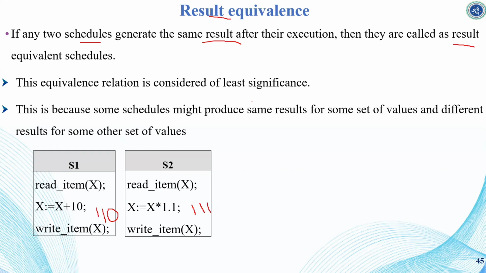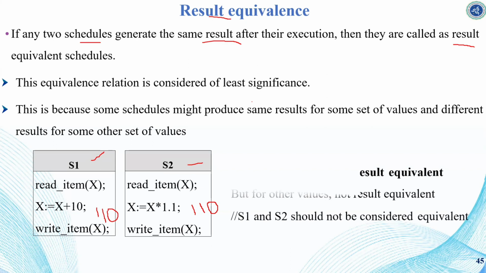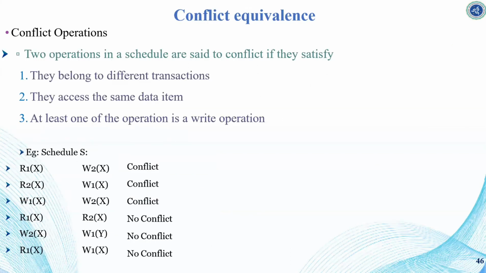So if X takes the value 100, S1 and S2 can be considered result equivalent. But for other values it does not satisfy the condition. We cannot consider only a single value; we have to consider all values. So S1 and S2 are not result equivalent schedules.